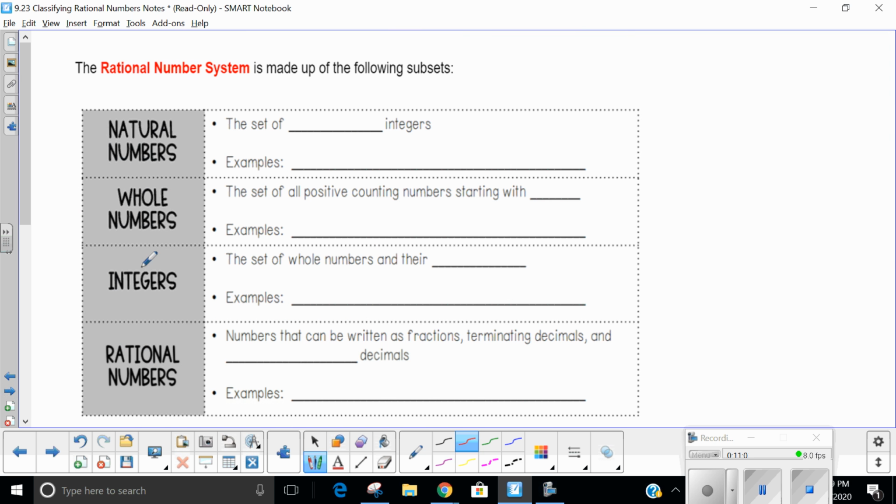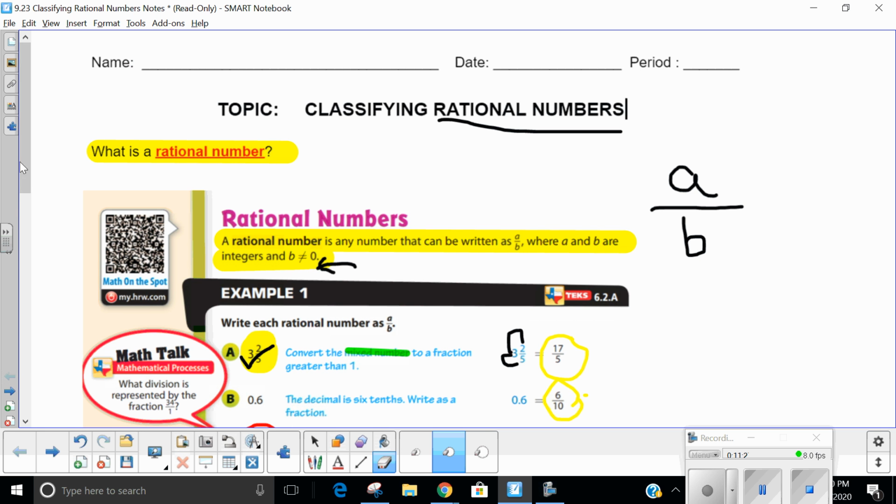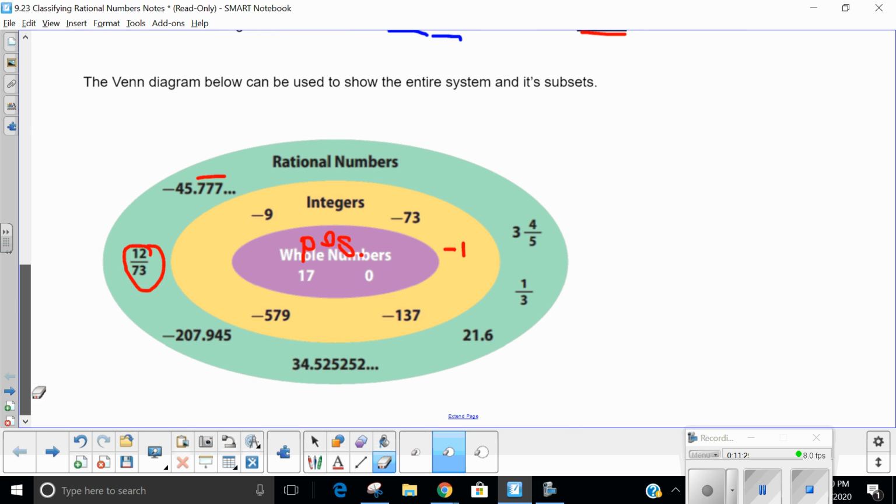Okay, so let's look at some definitions. When we look at the set of rational numbers, we have natural numbers, whole numbers, integers, and rational numbers. Now, we didn't talk about natural numbers in this Venn diagram back here, but the natural numbers are actually inside the whole numbers, and we'll talk about that in a second.